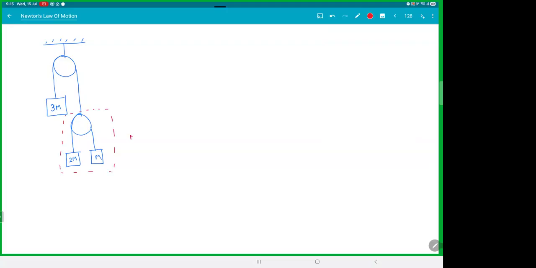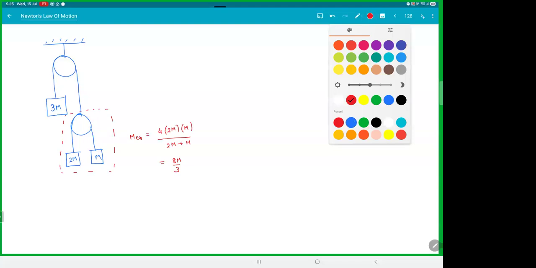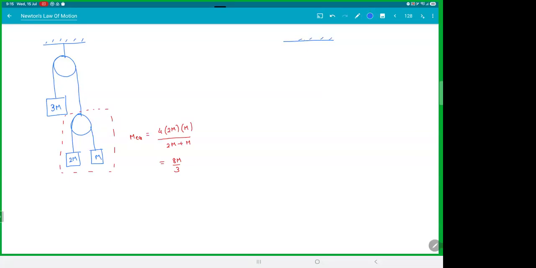So if I replace this with M equivalent, this is 4 times 2M into M by 2M plus M. So this guy is equal to 8M by 3. So I can replace this whole thing on the RHS side with one block. So this is a block of 3M and this is a block of 8M by 3. This has become an Atwood machine.